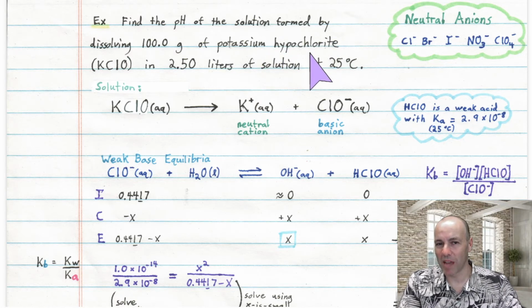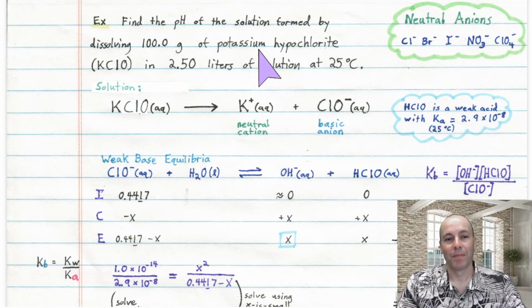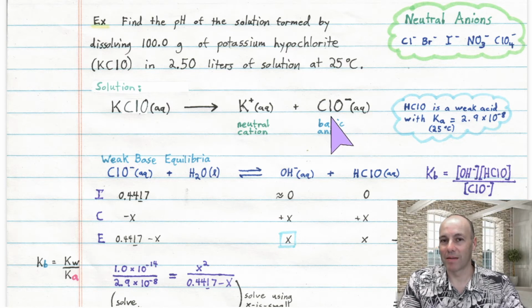This is one of those oxyanions. So potassium hypochlorite is an ionic compound. And you can see right here what it does. Like all ionic compounds that are in solution, this one is fully dissociated into its metal cations and non-metal anions.